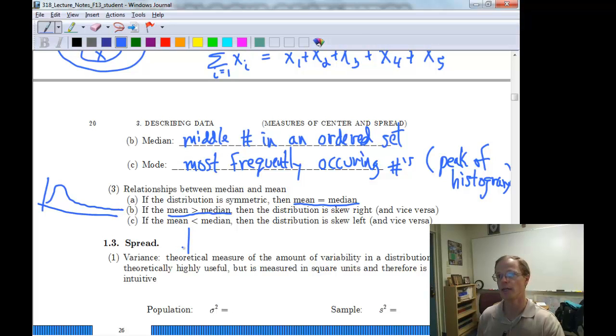On the other hand, if you're skewed off to the left, your extreme values are on the left, then your mean is going to be below. So we'll have the mean here, and we'll put the median here. Okay. And let's do that again. Here's the mean. Here's the median. Okay, great.